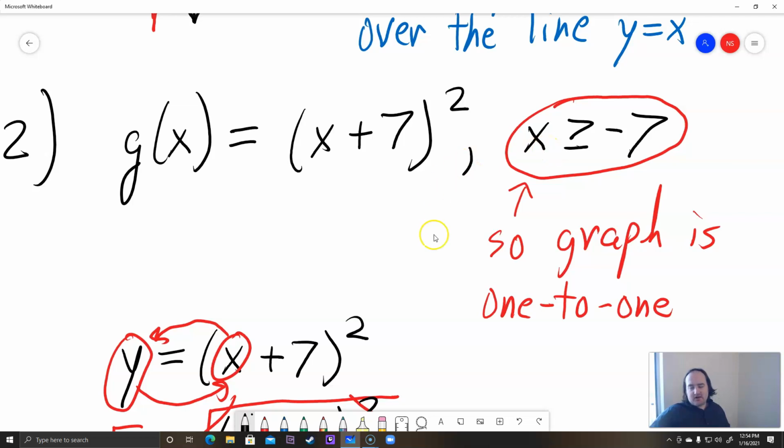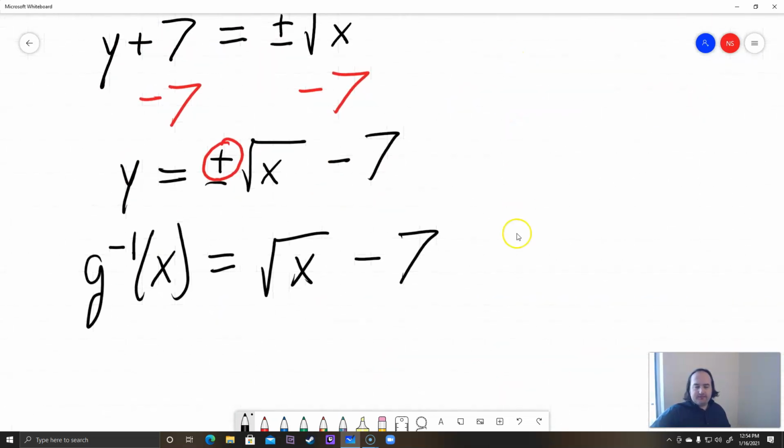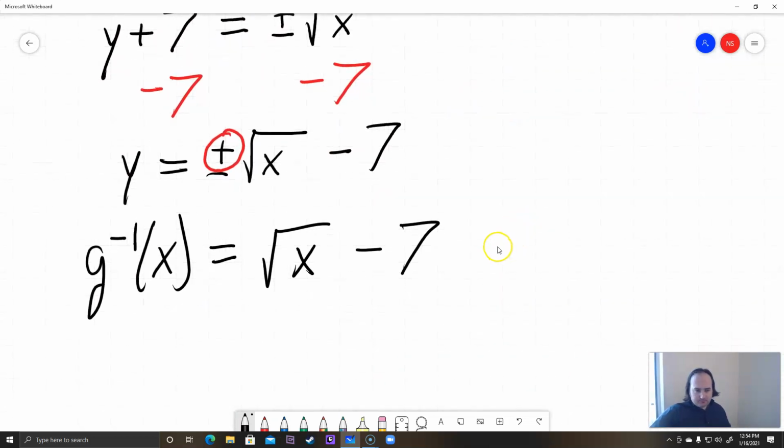I'm not going to sketch a graph this time, but if x is restricted to being greater than or equal to negative 7, then that means that we can't have a negative root x here, because that would be getting smaller than negative 7 over here, because this is negative 7 and then it would get smaller. So anyway, you're just going to be circling the plus here. Okay.